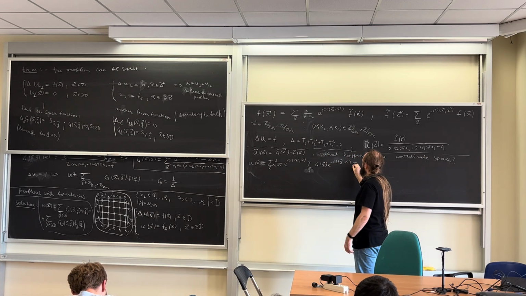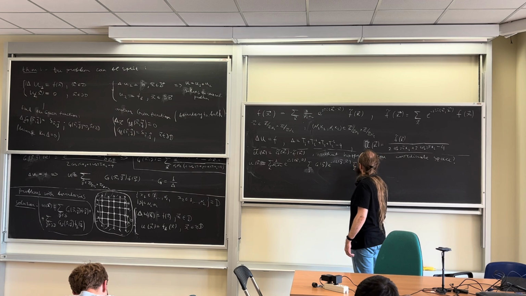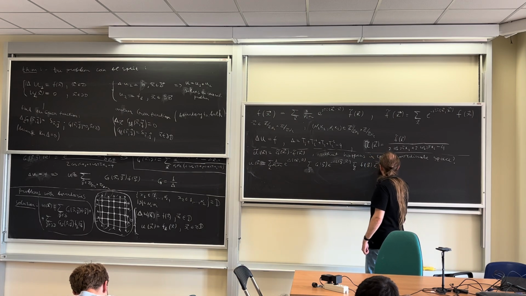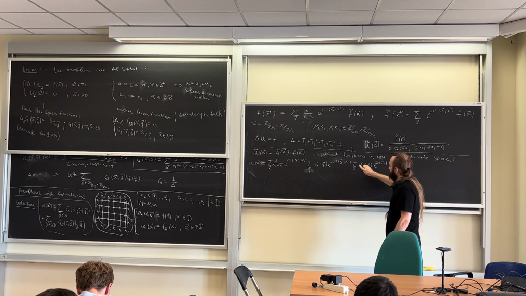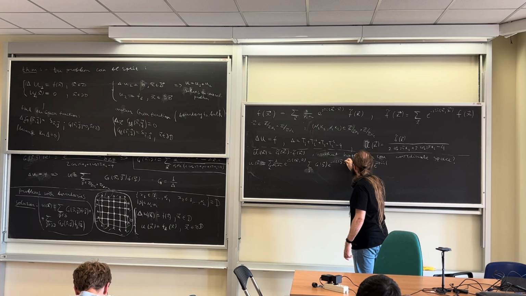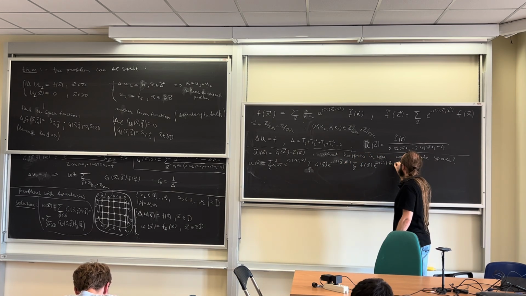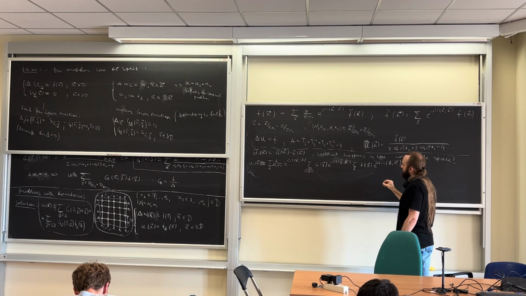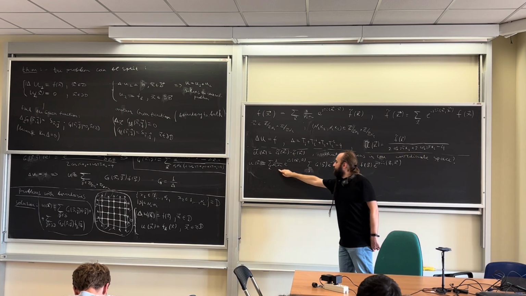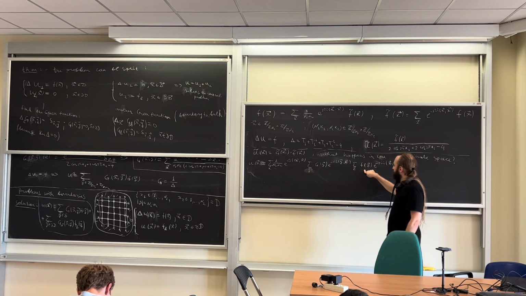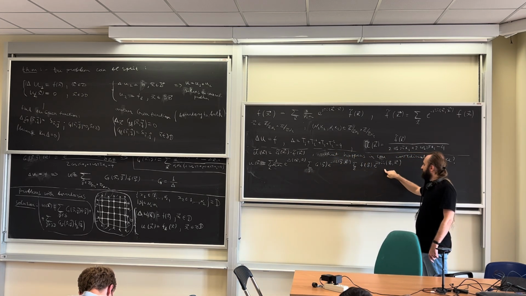Here the same, a sum over some z, f of z e to the minus 2 pi I z k. So we now have a sum over our three variables, and a product of three exponentials.